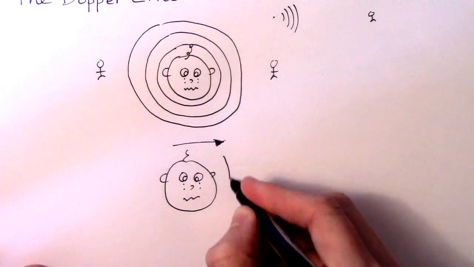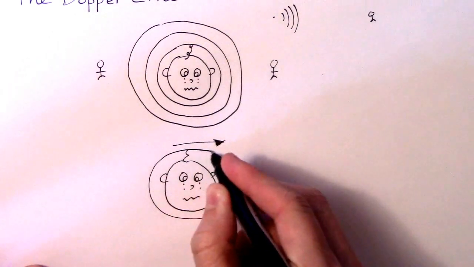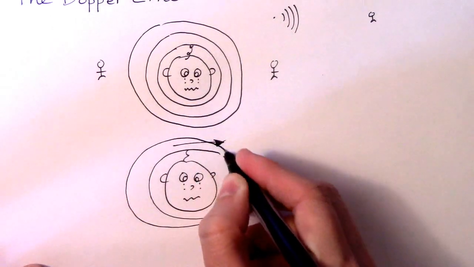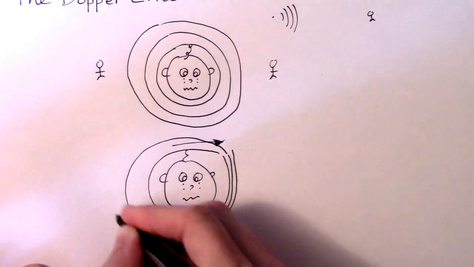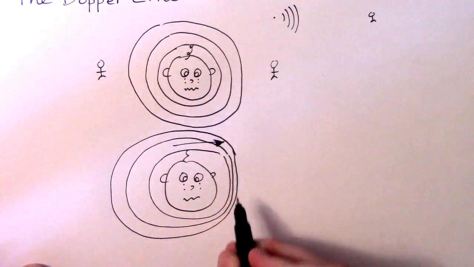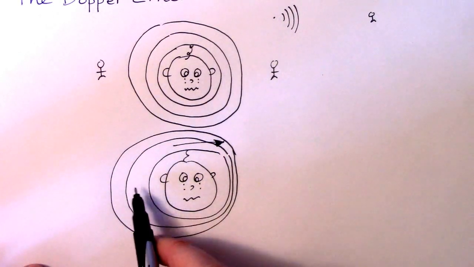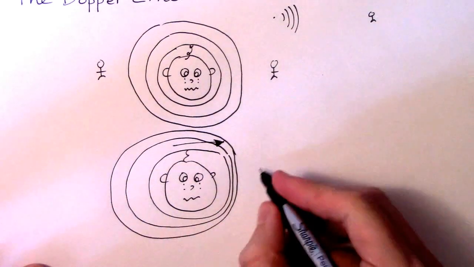So here's the first one, and the waves on this side become really close together. The waves bunch up on this side as he's moving in this direction, and they're spread out over here.